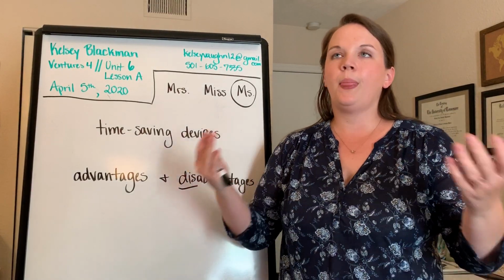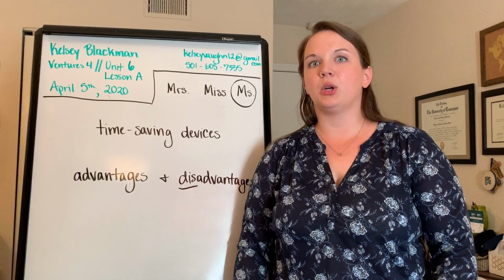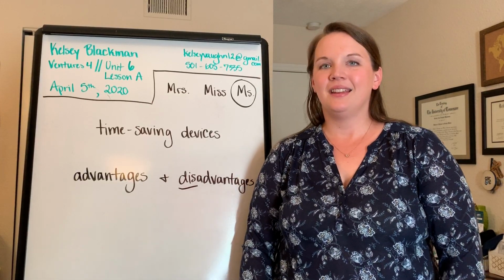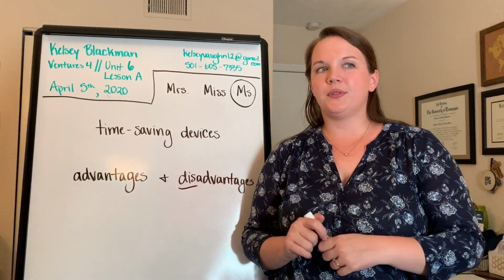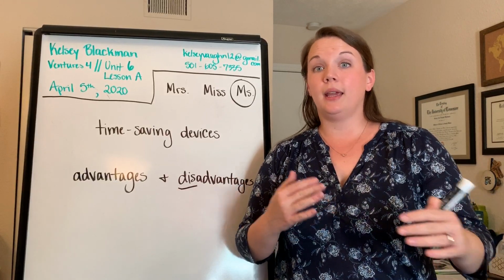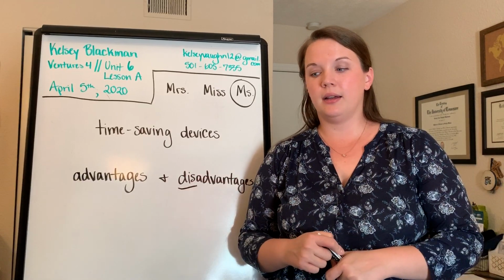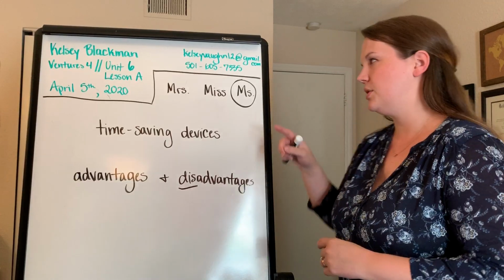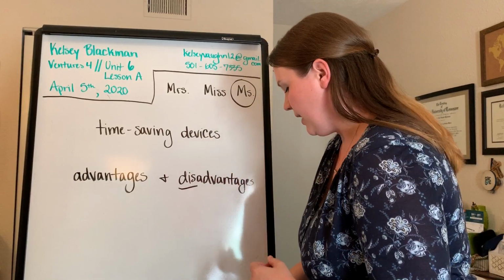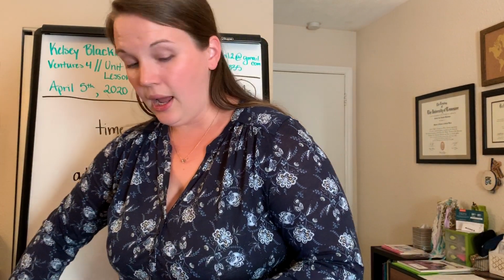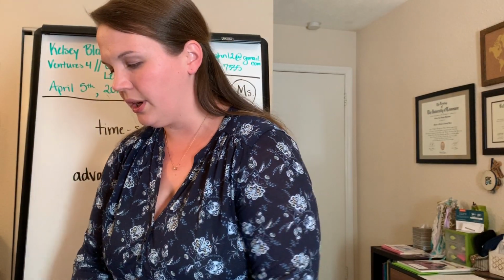You would say Ms. Butterworth. It helps so that you aren't assuming she's married or not. It's the safest one to use in most settings. Okay, so that's just a fun fact. All right, now let's go ahead and listen to the story.